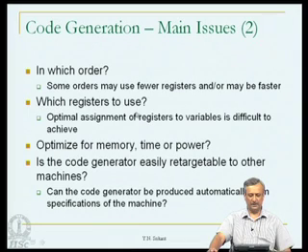One more issue is which registers should we use in code generation. Some of the registers are reserved for particular types of use, for example, the program counter and the stack pointer. So, these are specific registers which should not be used for any other purpose. This is the norm in programming.